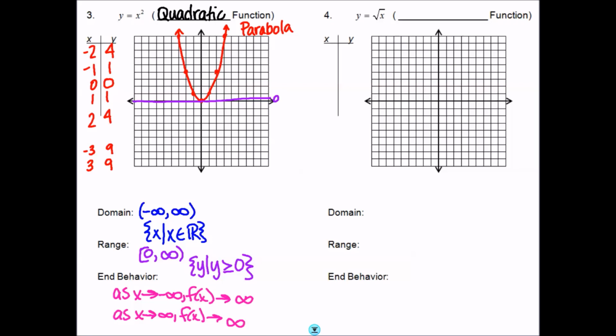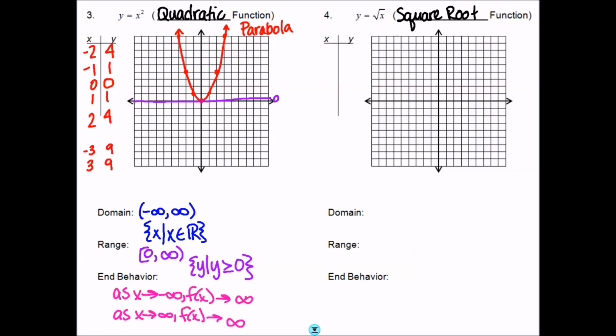The fourth equation is a square root function. And these are tricky. When I am picking my x values, I am going to purposely pick the numbers that I know are easy to square root.